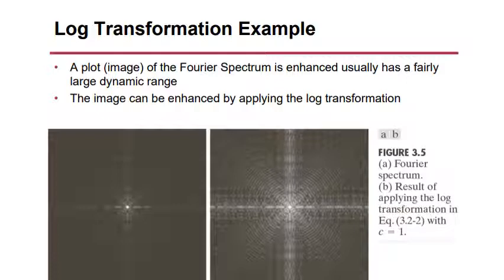It is a kind of image enhancement that you can see, because the dynamic range is spread, right? So the image can be enhanced by applying the log transformation. It depends on the application. Here the image of the Fourier spectrum is enhanced using a fairly large dynamic range.